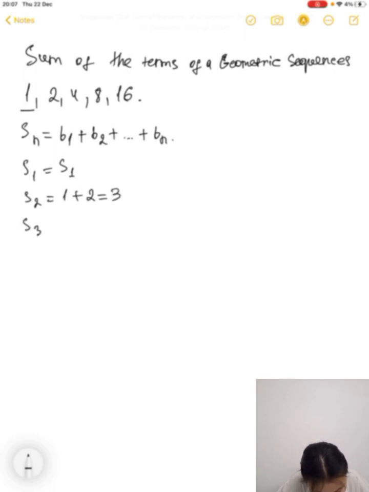S sub 3 is equal to 1 plus 2 plus 4, which is equal to 7. And S sub 4 is equal to 1 plus 2 plus 4 plus 8, which is equal to 15.